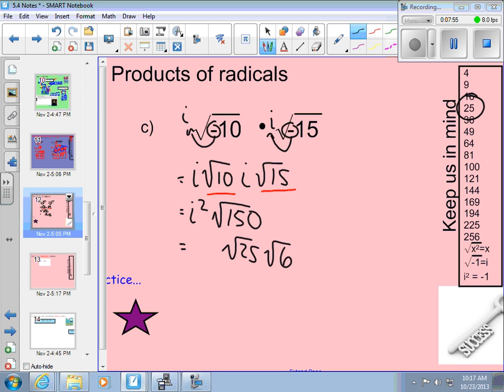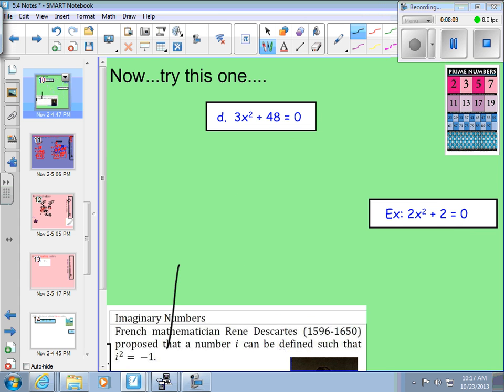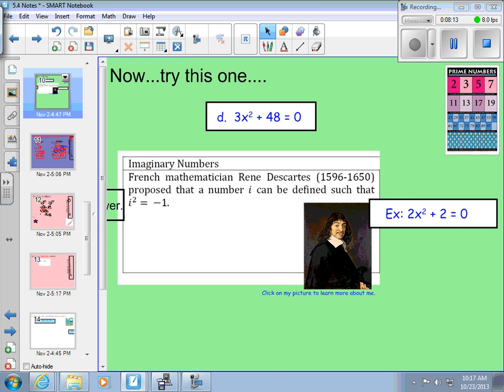Now let's look at this I squared part. What can we do with I squared? Do we leave it as I squared? No, anytime you have a power of I, you should be able to simplify it. If we go back to our notes that we had before, what we said is that I squared is equal to -1.